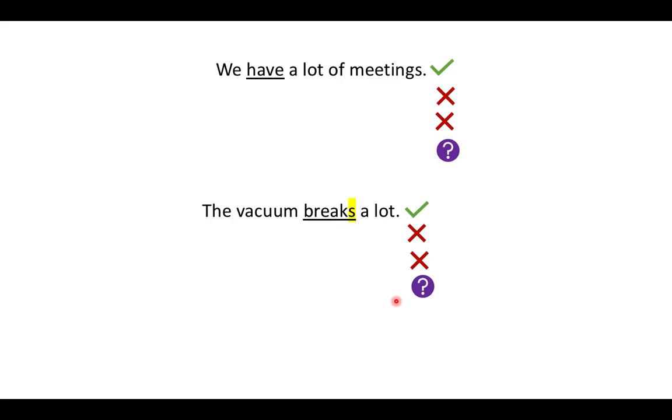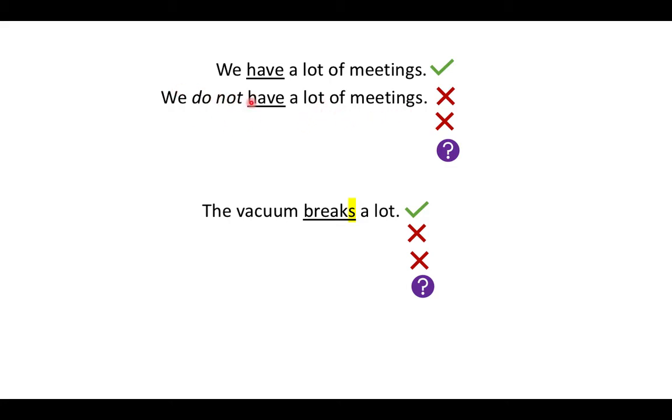More practice. We have a lot of meetings. How would we change this to mean no, to say that you do not have a lot of meetings? We do not have a lot of meetings.